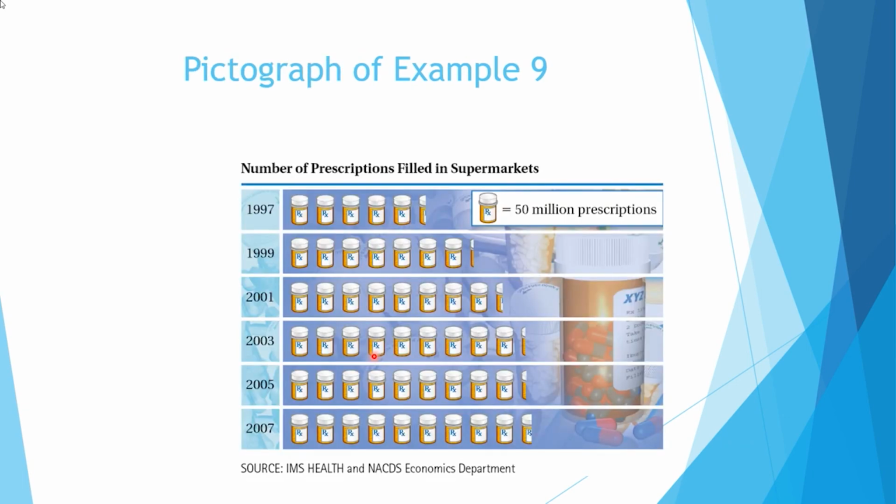Here's an example of a pictograph. A pictograph uses pictures to represent the data. And usually there's some sort of key that tells you what each one equals. They look fun.